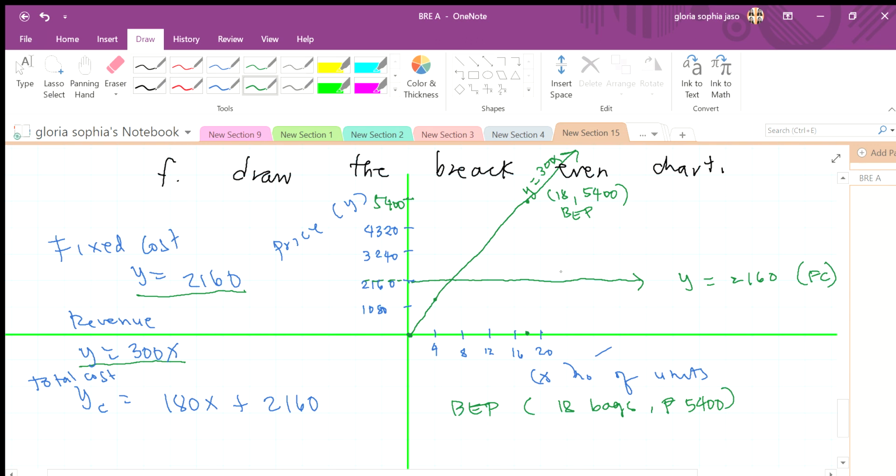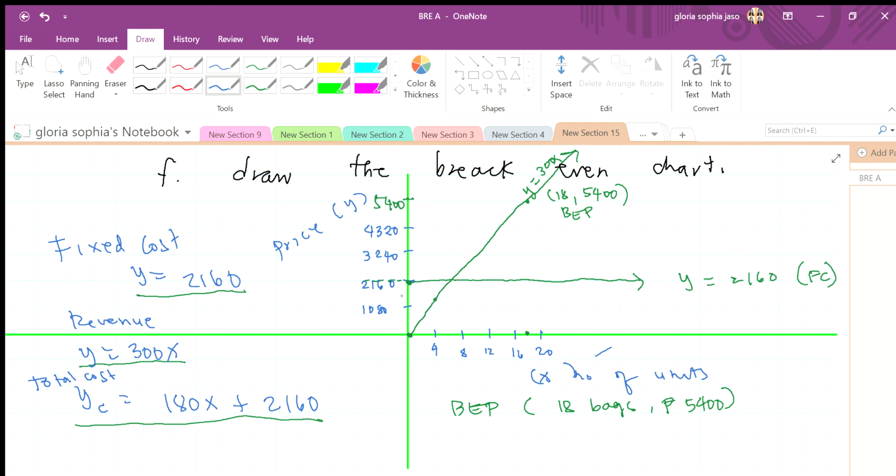And then, let's graph our total cost. So, this is the y-intercept here. Let's get one more point so we can draw. For 180x, let's take the point at 8.